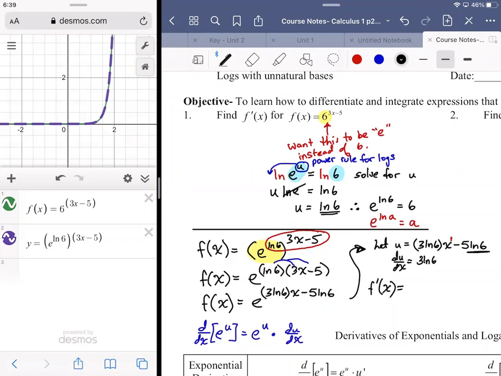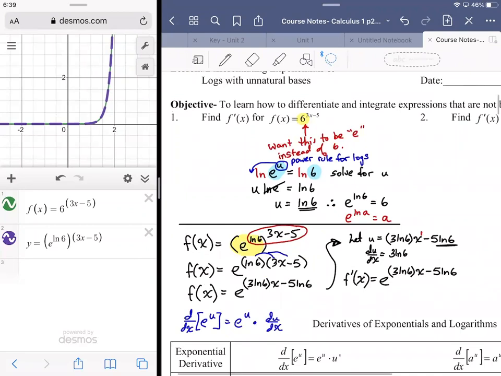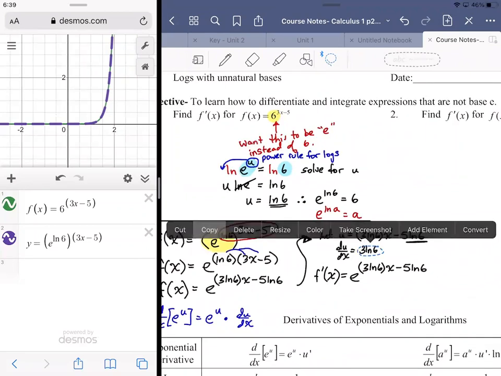would be equal to e to the u. So all of this, all of that stuff multiplied by du dx.